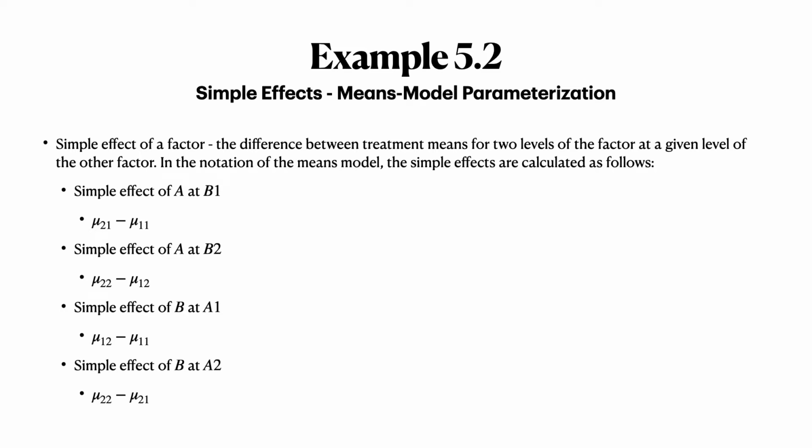The simple effect of A at B1 is mu21 minus mu11, the difference between the treatment means for those treatment combinations that have level B1. And so 100 minus 50, and so that turns out to be 50. So the simple effect of A at B1, the first level of B, is 50.